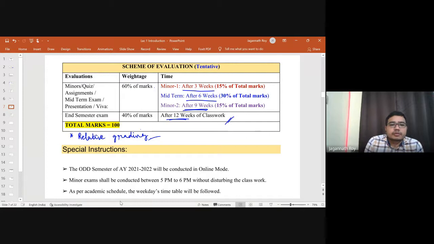Of course, sometimes without disturbing the classwork, we have to take the minor classwork, class tests. So minors are like class tests.